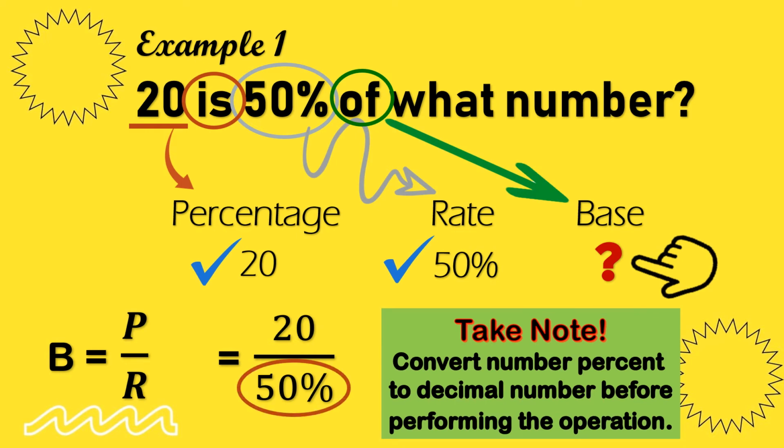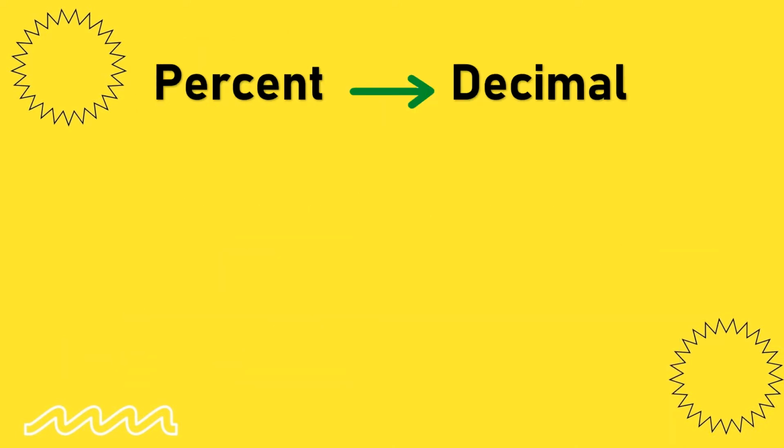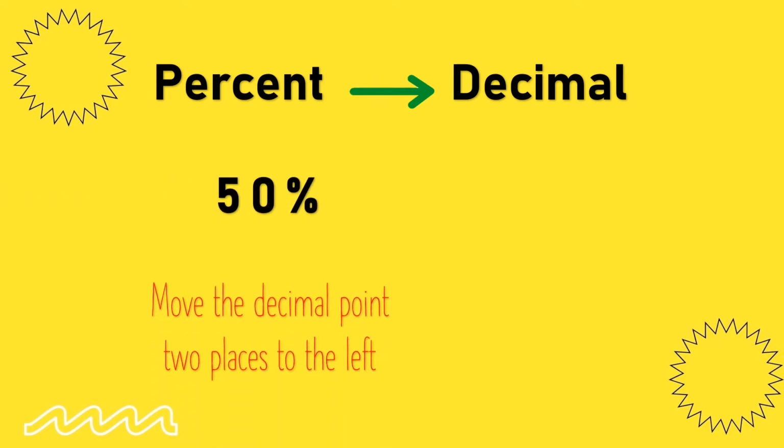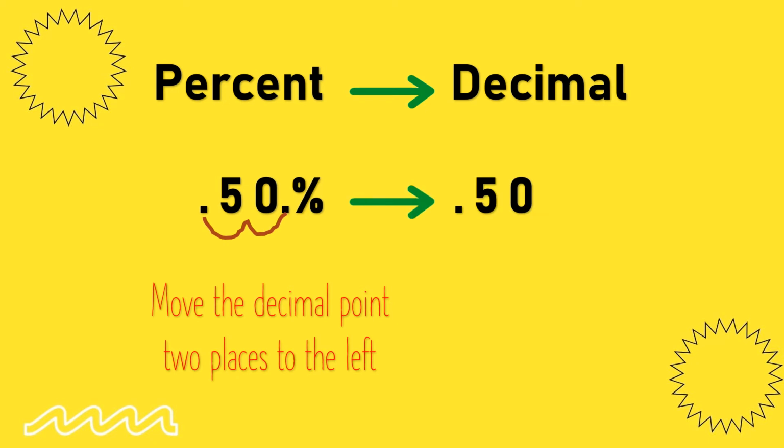Convert the percent to a decimal number before performing the operation. In changing percent to decimal, just move the decimal point 2 places to the left. So, 50% is equal now to 50 hundredths.